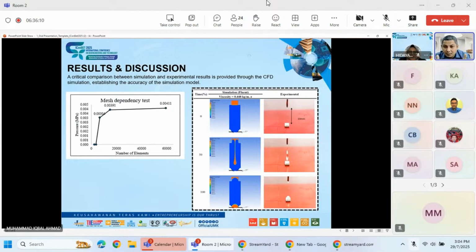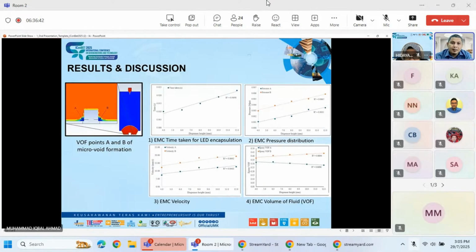If you see this timing, 0, 50 to 100, it corresponds to 1.3 seconds for 100%. By this, we managed to get less than 10% deviation between the simulation and the experimental model. That means the laminar flow, the boundary setup, and the meshing setup that we chose match very well for this study.